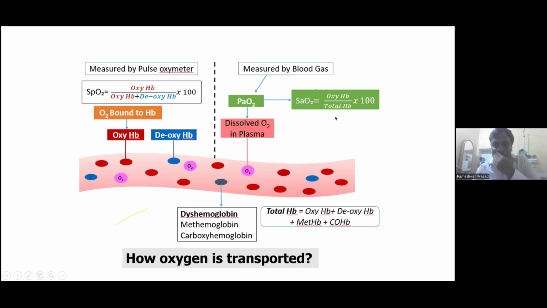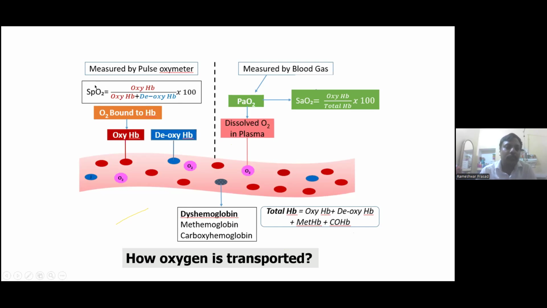This is also important when you are evaluating a baby with hypoxemia. Why is it important? Suppose there is a high level of methemoglobin or high level of carboxyhemoglobin, which happens in carbon monoxide poisoning, or if you use iNO. These 2 types of hemoglobin are not present in the denominator when you calculate SpO2.